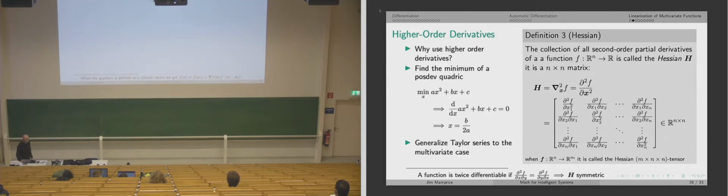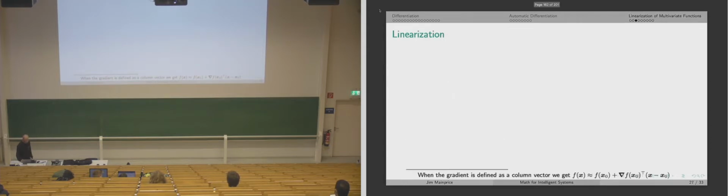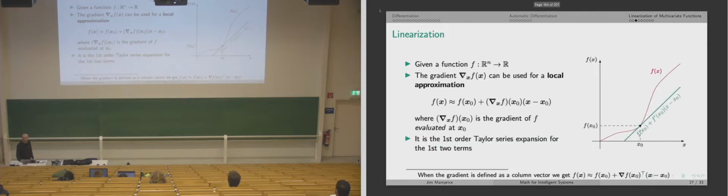So, the linearization. The first case we're going to see is the Taylor series of the first order. If we are given a function f from a vector to a scalar, then the linearization of the function is very simple.